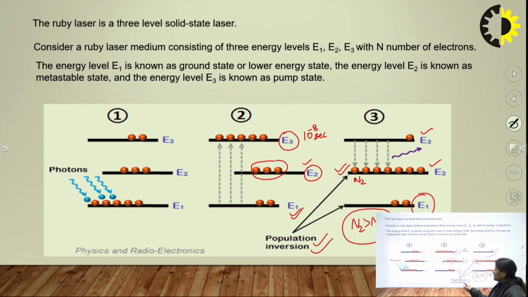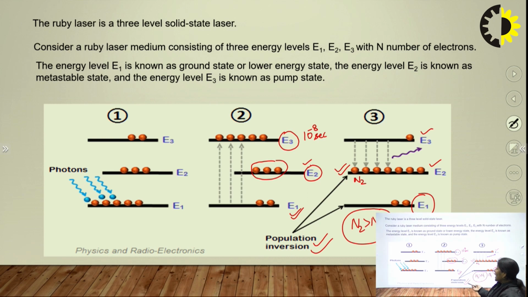Now this is a very important condition in order to generate a laser beam. It should also be noted that if this energy level E2 was not present in this chromium, no condition of population inversion would be obtained.